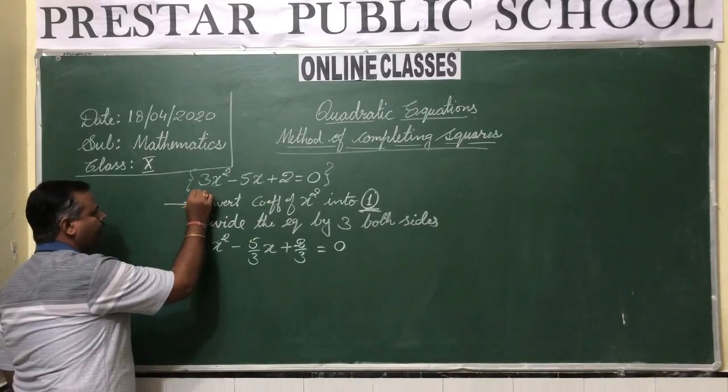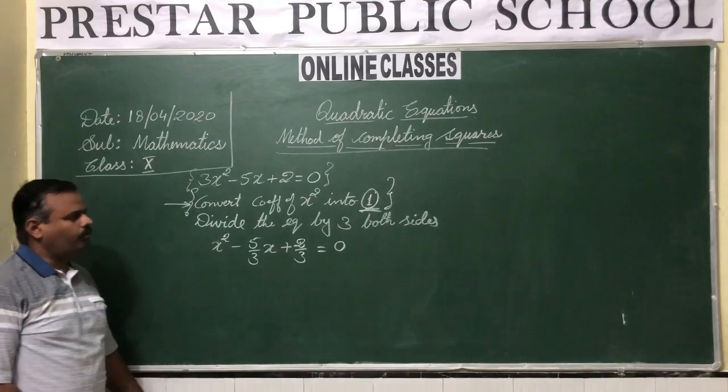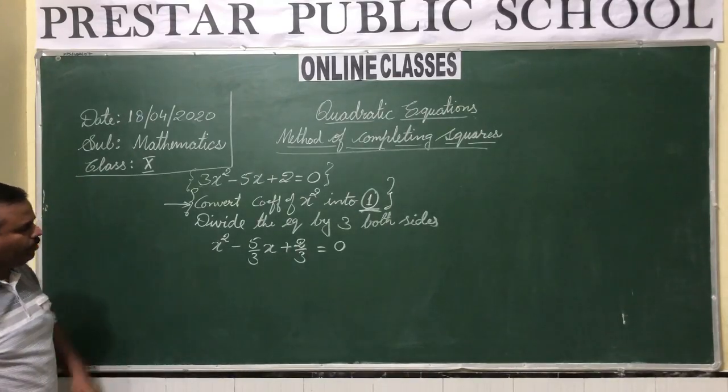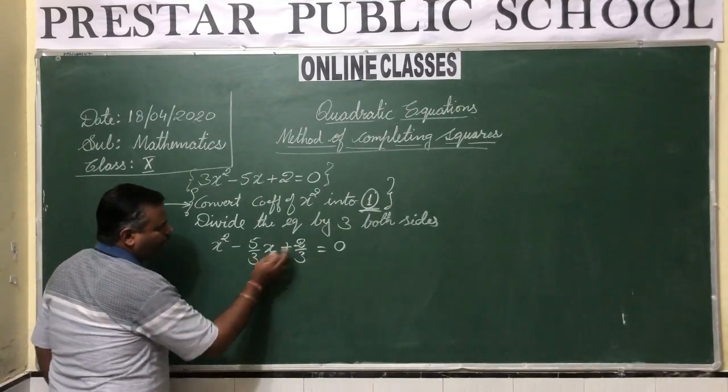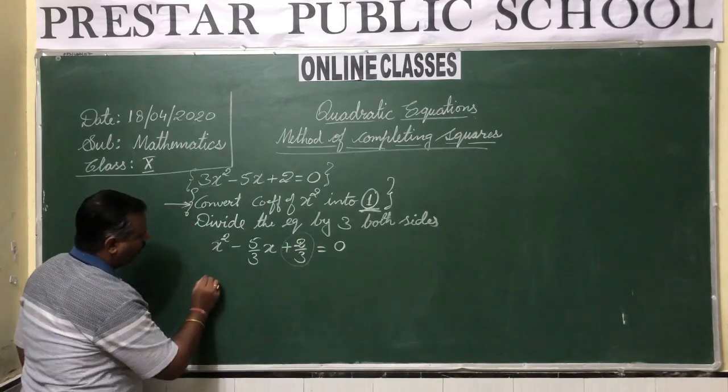So our first step says convert the coefficient of x squared to 1. After doing this, we have a constant term without the variable, that is 2 upon 3.